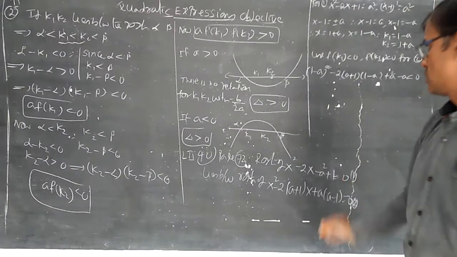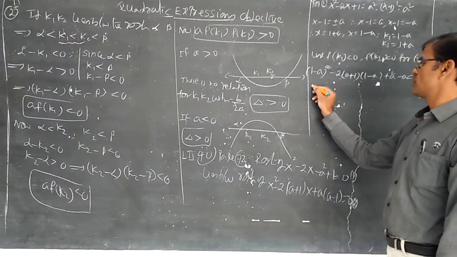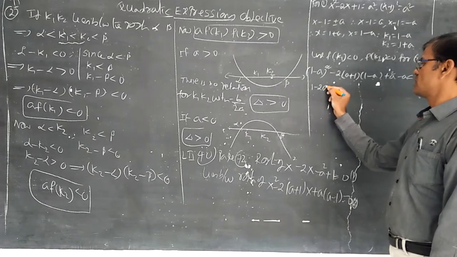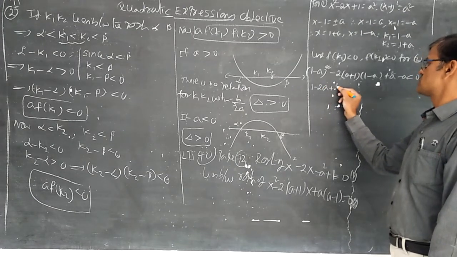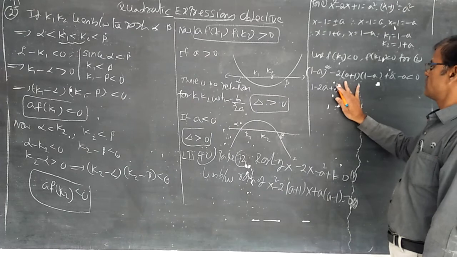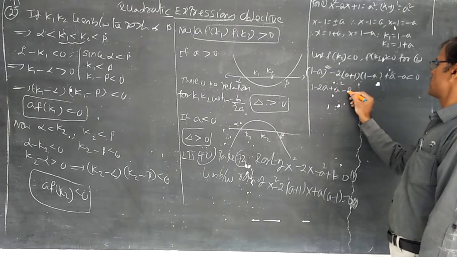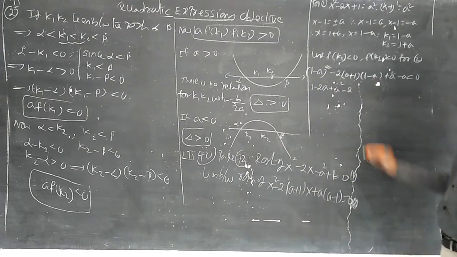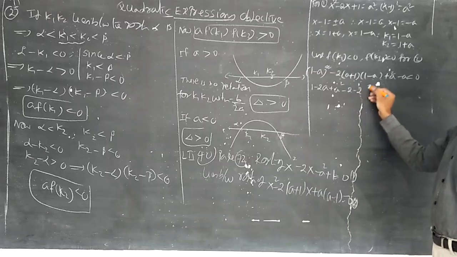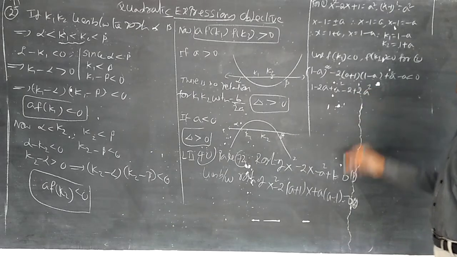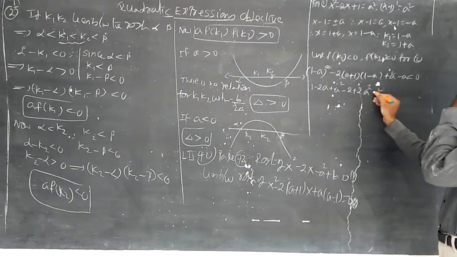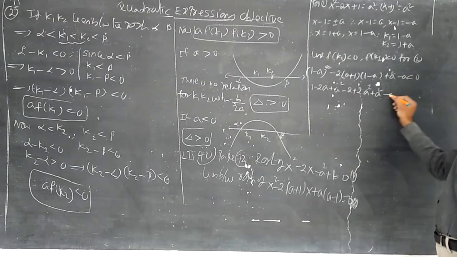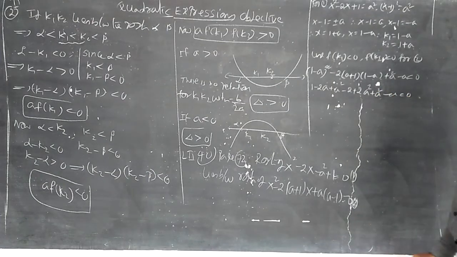Expand this. 1 minus a whole square, you can write 1 minus 2a plus a square, minus 2 into this, which is 1 minus a square, so this is plus 2a square, minus 2 plus 2a square plus a square minus a less than 0.